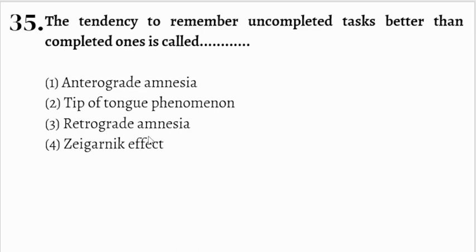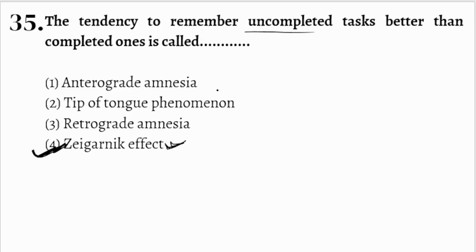The tendency to remember uncompleted tasks better than completed ones is known as the Zeigarnik effect. It also says that when we are interrupted a lot, we are more prone to remembering that incident better. So uncompleted tasks are better remembered. It is known as Zeigarnik effect.